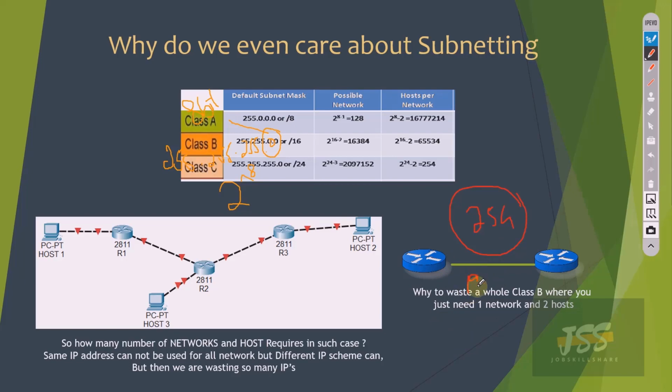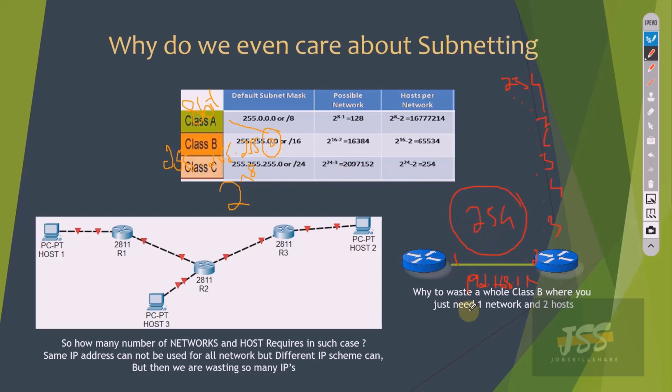Let's say this is 192.168.1.x, and this is .1, .2. Similarly, we can provide .3, .4, .5, .6, .7, all the way to .254.